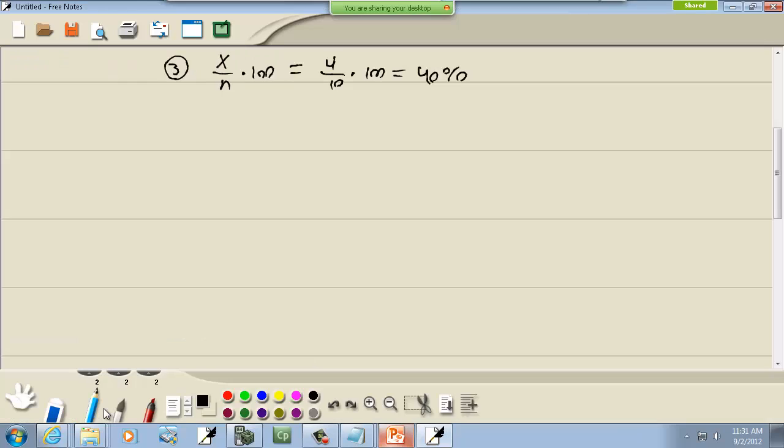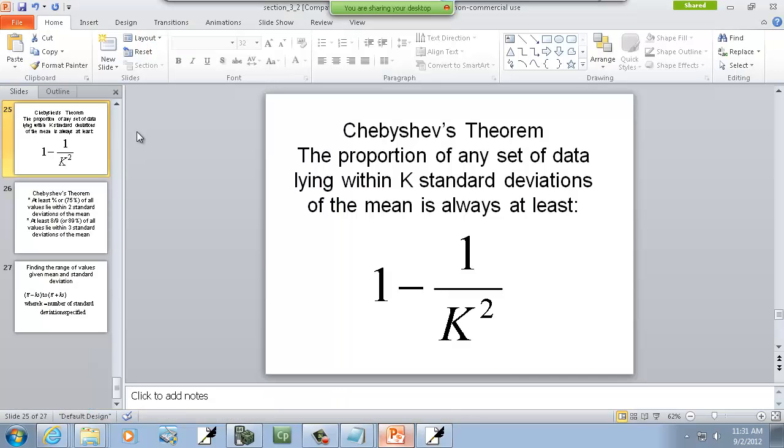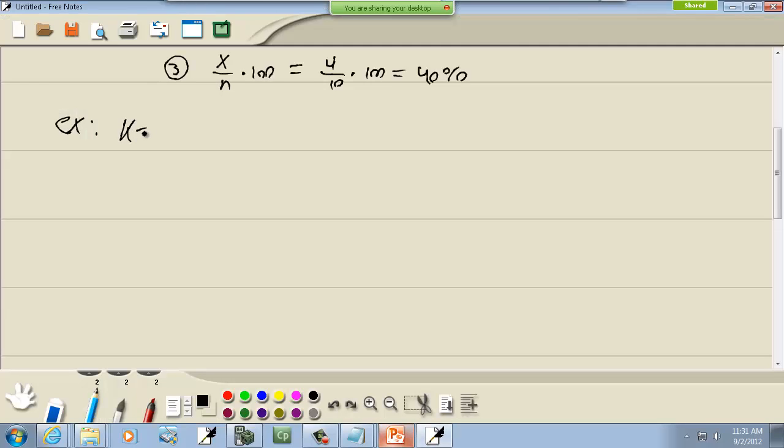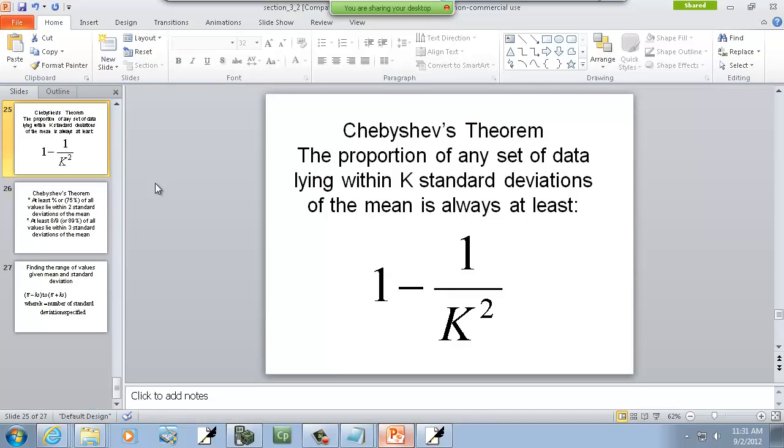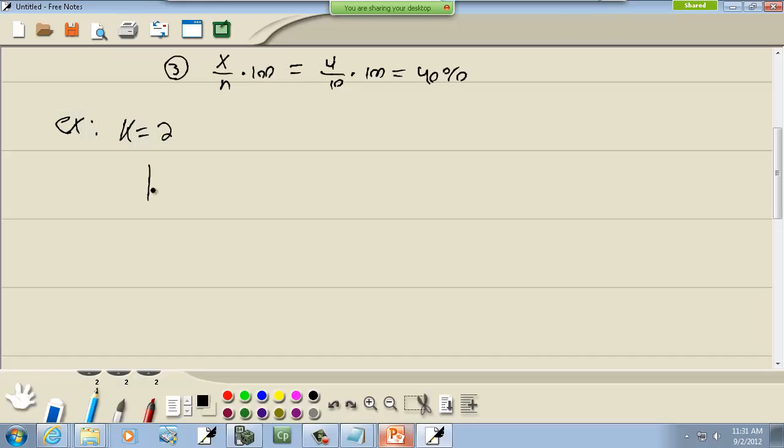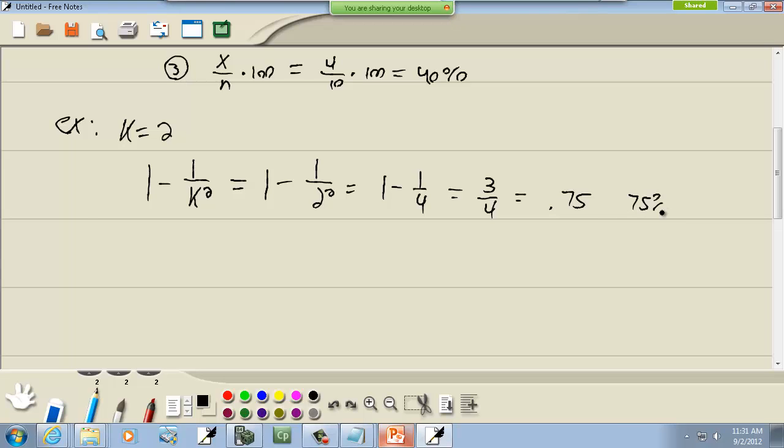Let me do an example of this. Say we want to find it within 2 standard deviations. Well, Chebyshev's theorem, we got 1 minus 1 over k squared. We've got 1 minus 1 over 2 squared, 1 minus 1/4, which gives us 3/4, or 0.75, which is 75%.